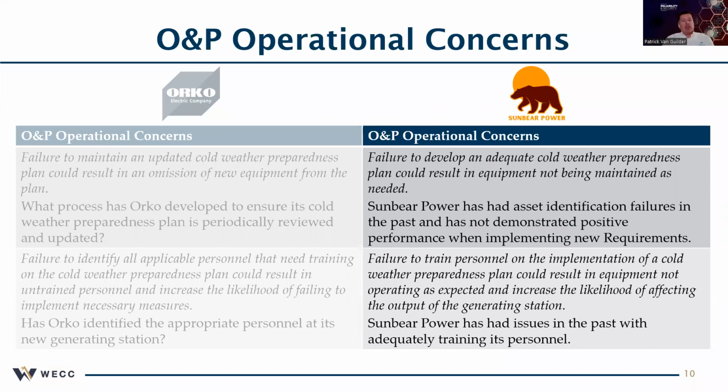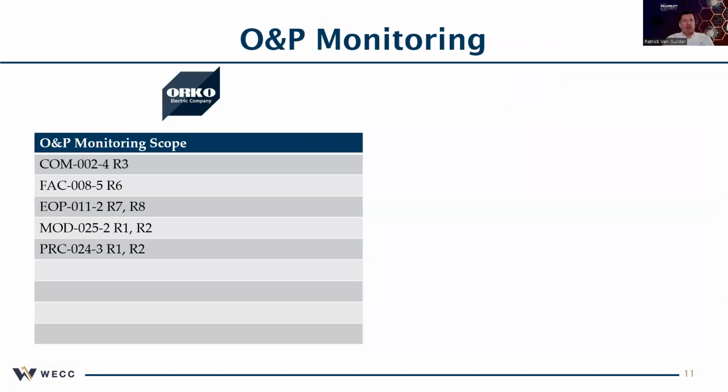So let's look at some of the monitoring. So next and next. For Orco, they have reasonably good performance. And some of the things we might want to look at, since they're a medium-sized operating entity, we want to make sure that their communications are still good.